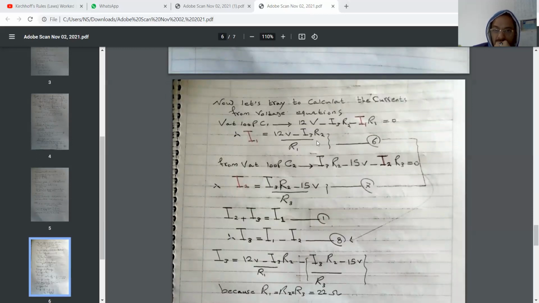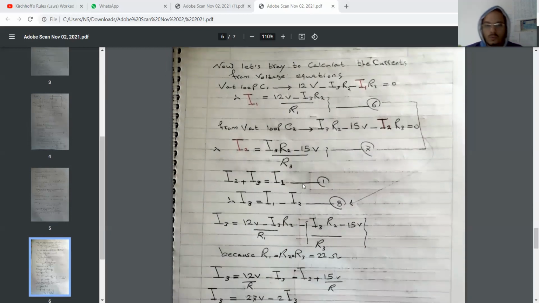I1 equals 12 volt minus I3 R2 divided by R1. From the voltage at loop C2, let's calculate I2 equals I3 R2, that means the drop at resistance 2, minus 15 volt divided by R3. Now we know from equation number 1, I1 equals I2 plus I3.